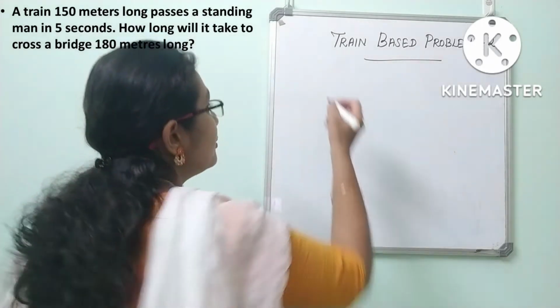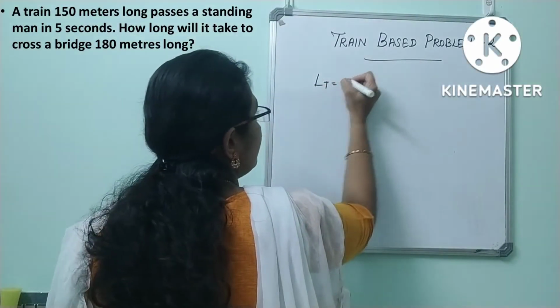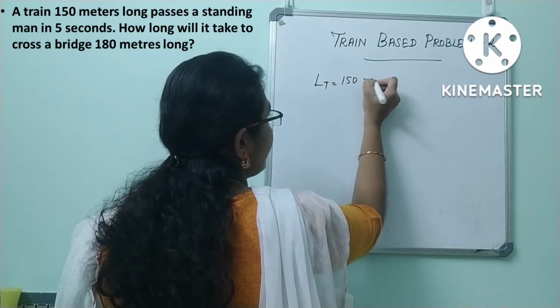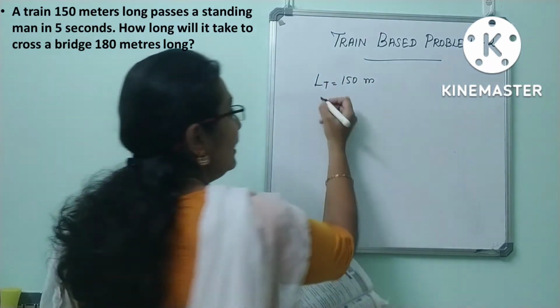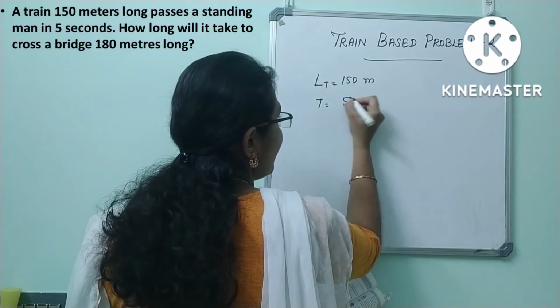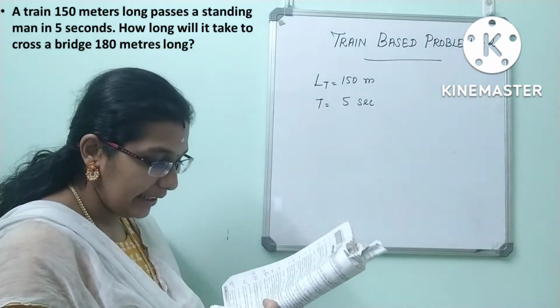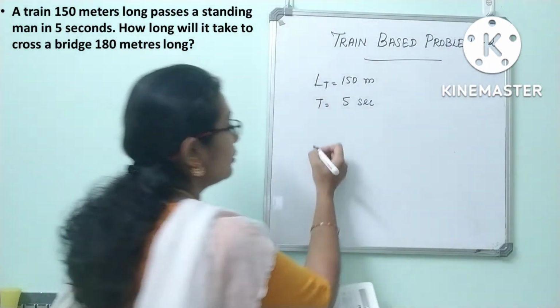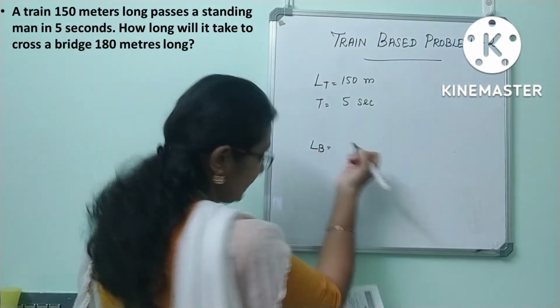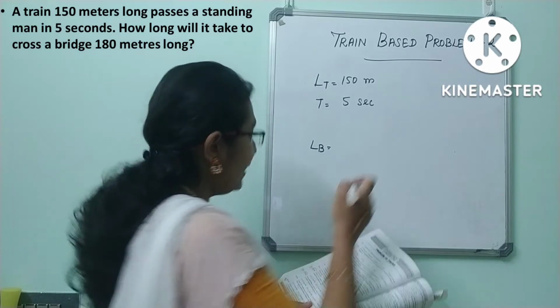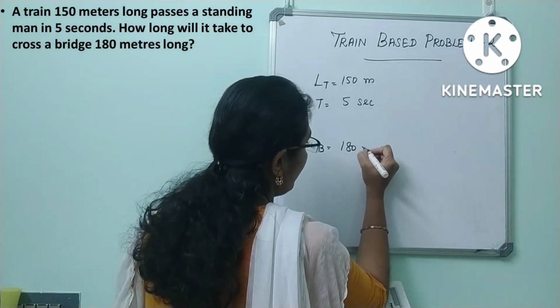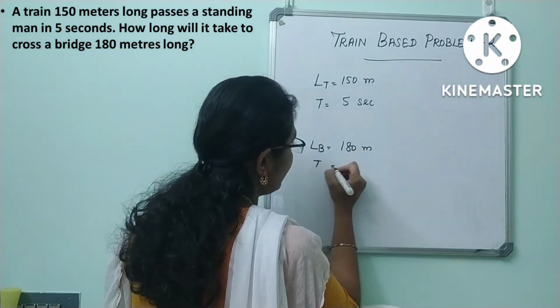The length of the train is 150 meters, and it is passing a man in time 5 seconds. And how long will it take to cross a bridge? The length of the bridge is 180 meters. So what is the time they are asking?